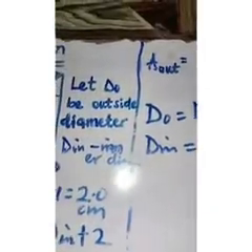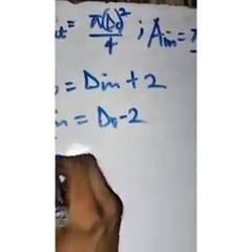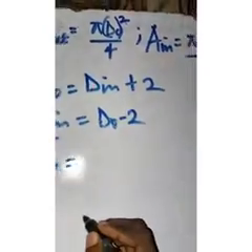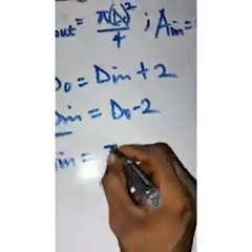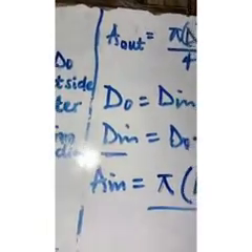Okay, so from here then we can substitute this d in inside this formula here. So I'm going to have area in, inside diameter, will now be equal to pi, and I'm going to put this inside, so I have it as pi times d naught minus 2, all square, all over 4.